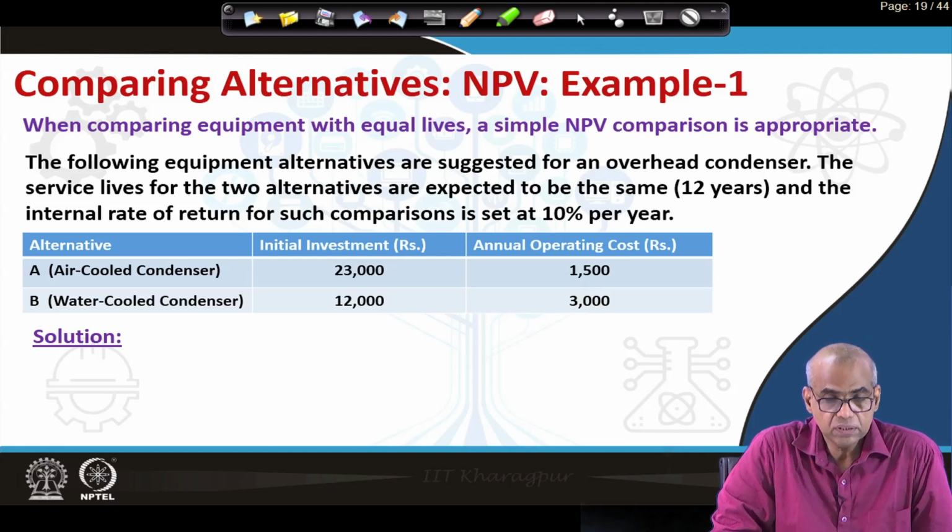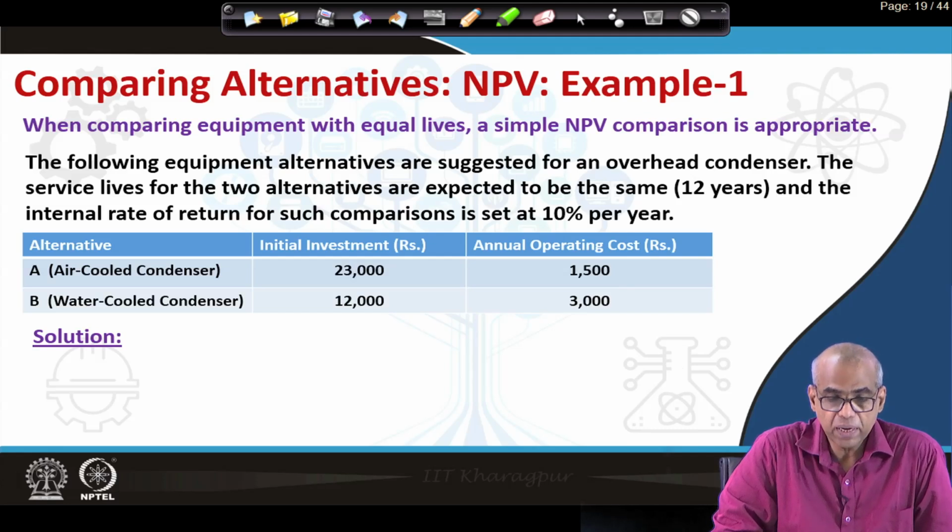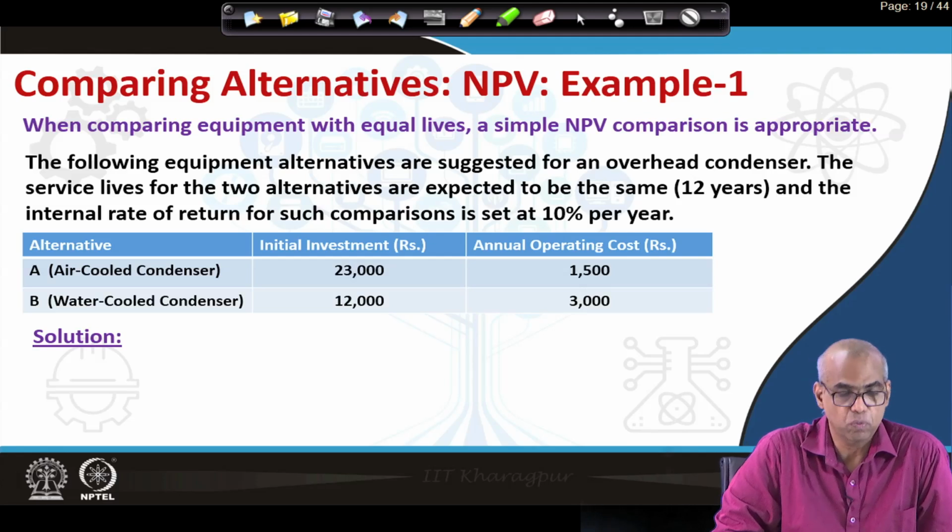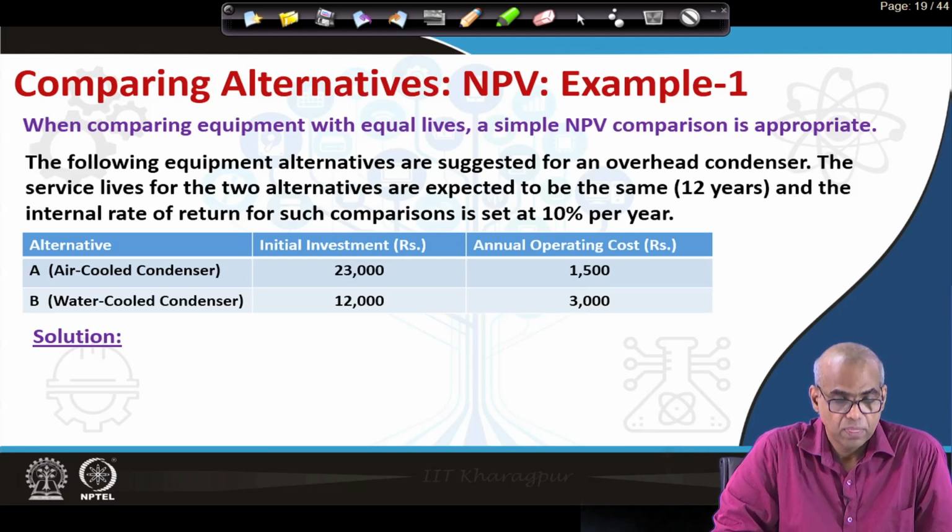So, first example will be based on use of net present value. When comparing equipment with equal lives, a simple NPV comparison is appropriate. The following equipment alternatives are suggested for an overhead condenser. The service lives for the two alternatives are expected to be the same, 12 years.